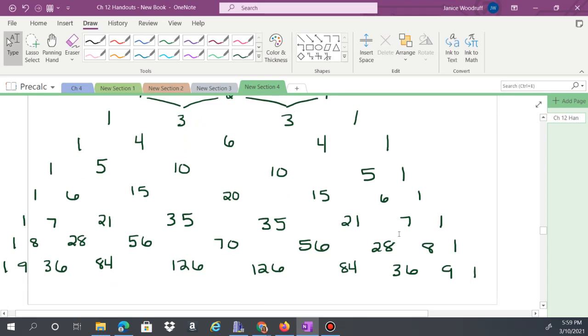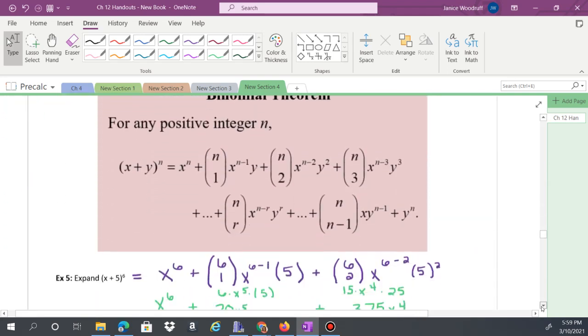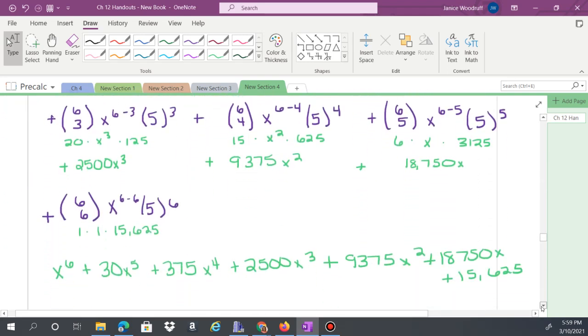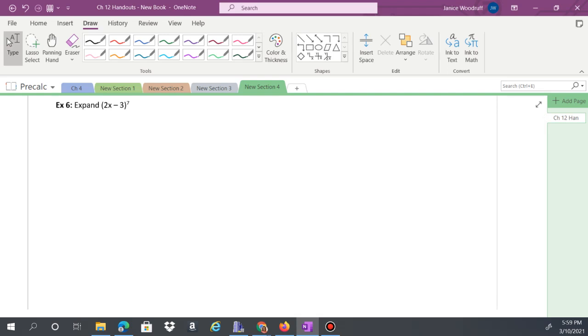Okay, so what we want to do here is a shortcut to solving these problems. So this one, we are going to expand to the 7th. So we're going to write down our 7th row of Pascal's triangle. I got to look it up on another screen so I can grab it.